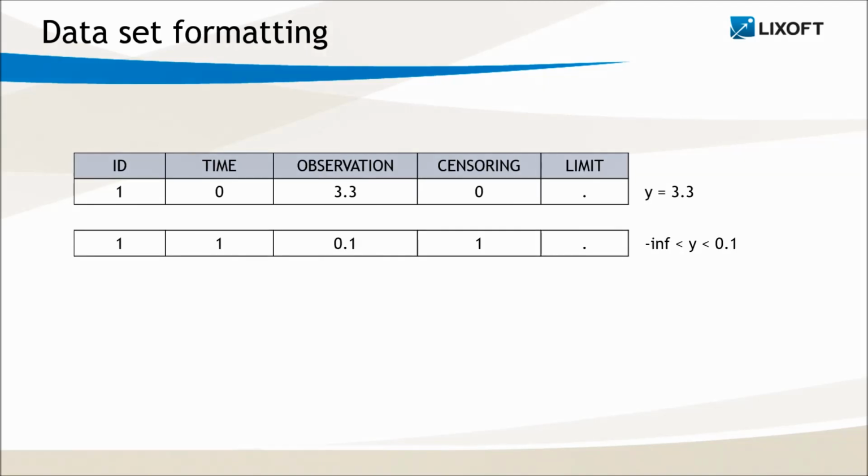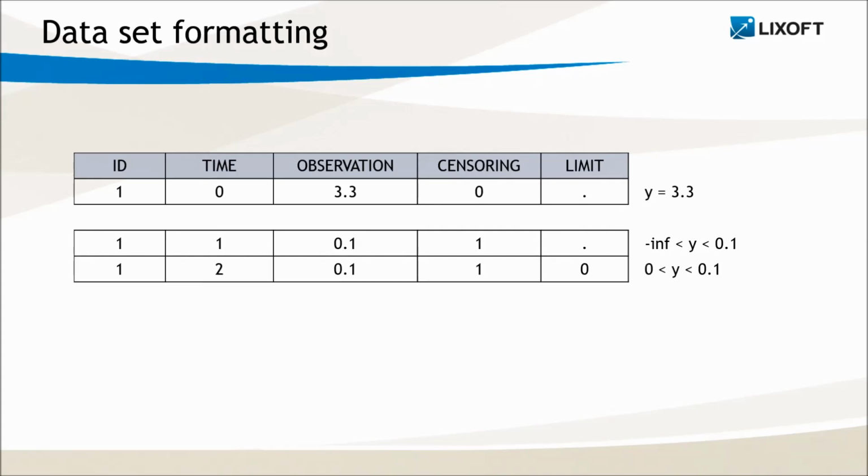If the data is below the lower limit of quantification, I tag it with a 1 in the censoring column and I put the LOQ value in the observation column. This line here means that my observation at time 1 is between -infinity and 0.1, the LOQ value. In case of concentrations, we also know that the measured value is positive.